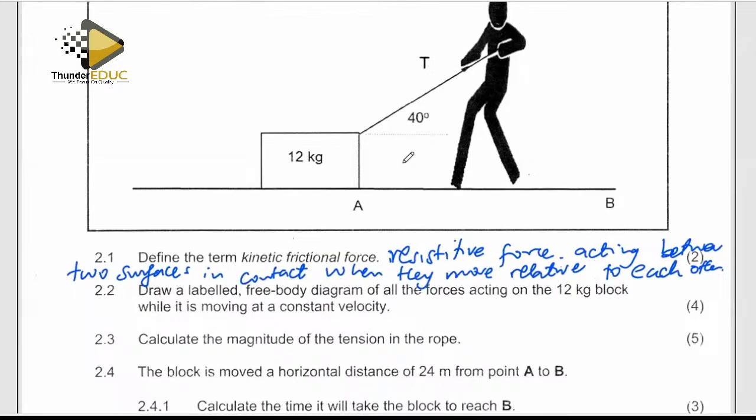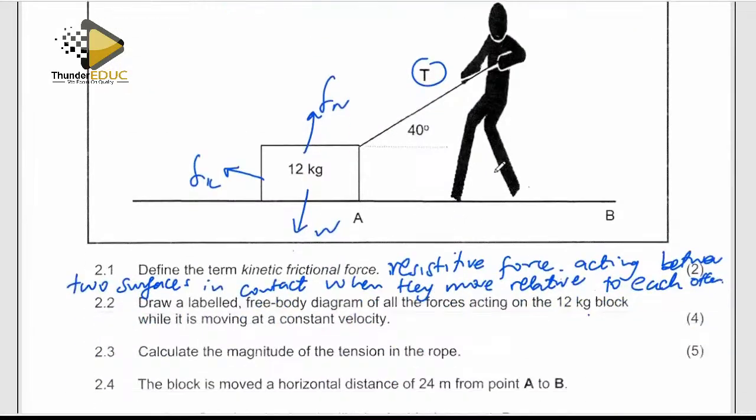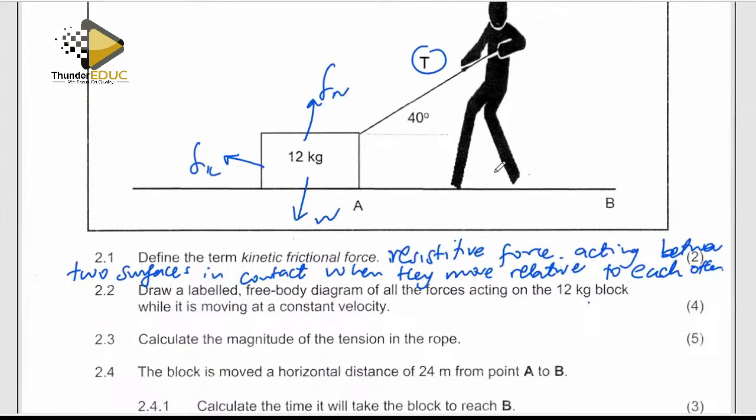Then 2.2, they want us to draw a free body diagram of all the forces that are acting on the 12 kg. So number one, we have this tension. Then we have the frictional force, Fk. Then we're going to have the normal force, Fn. And then we're going to have the weight downwards. So for me to draw the free body, 2.2, let me put it this side.